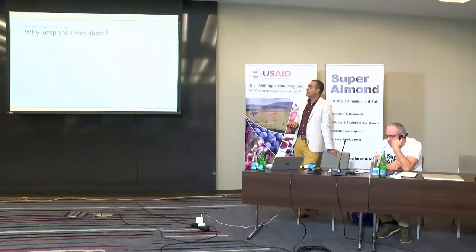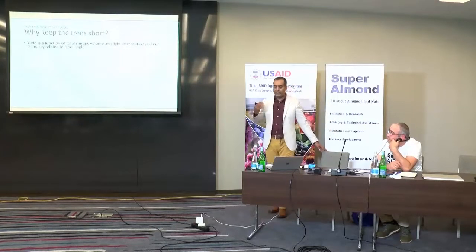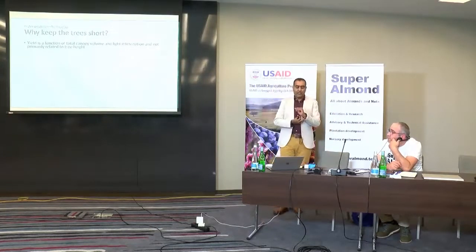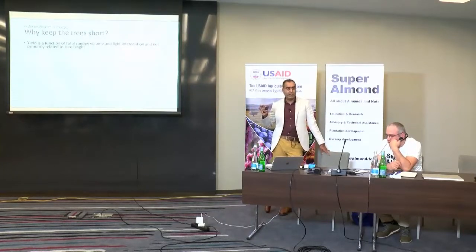So why keep the trees short? Again, going back to my light example, the yield is a function of total canopy volume and total light interception, and not primarily related to tree height. That is a known fact based on extensive research.